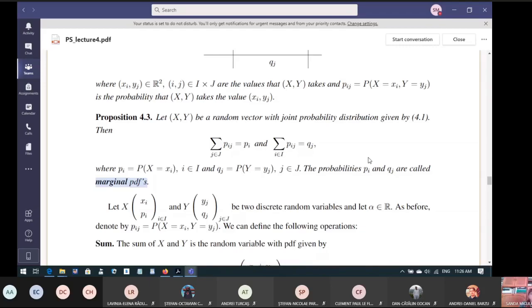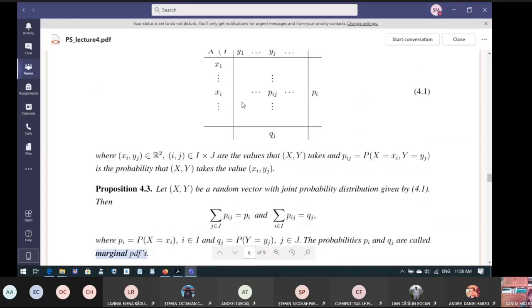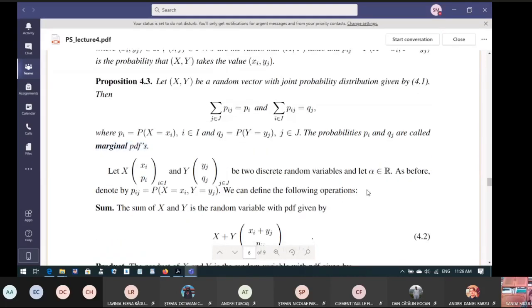Okay, so like I said, from the vector, so from the pij's, we can always get the pi's and the qj's, the single PDFs of the components. The other way around is not always possible. So simply having the PDF of X and the PDF of Y, we cannot always get the PDF of the vector (X,Y). We will discuss that in a little while.